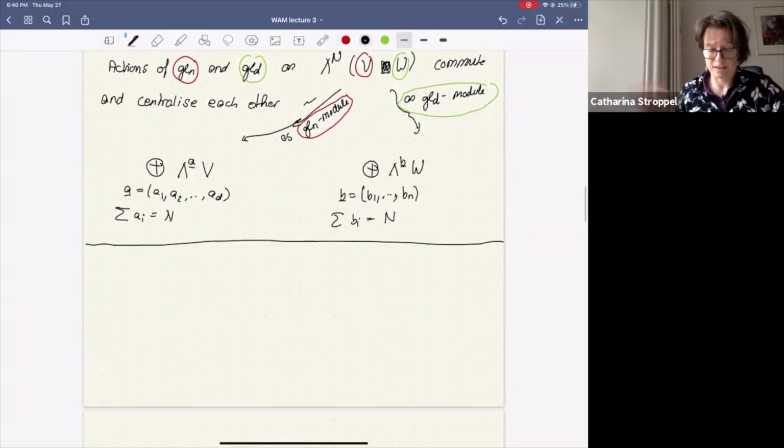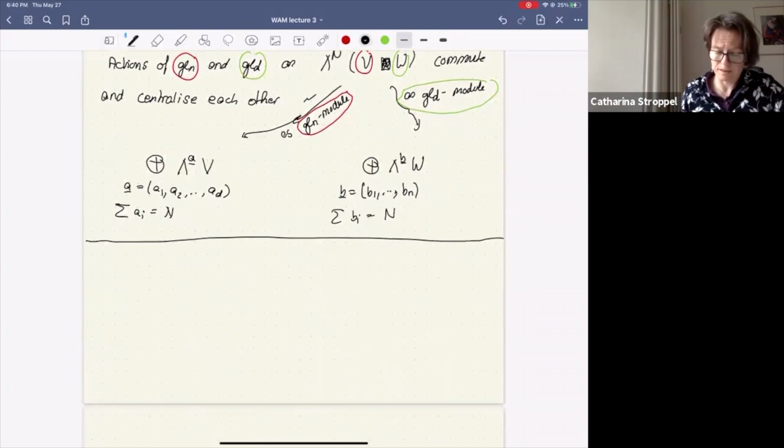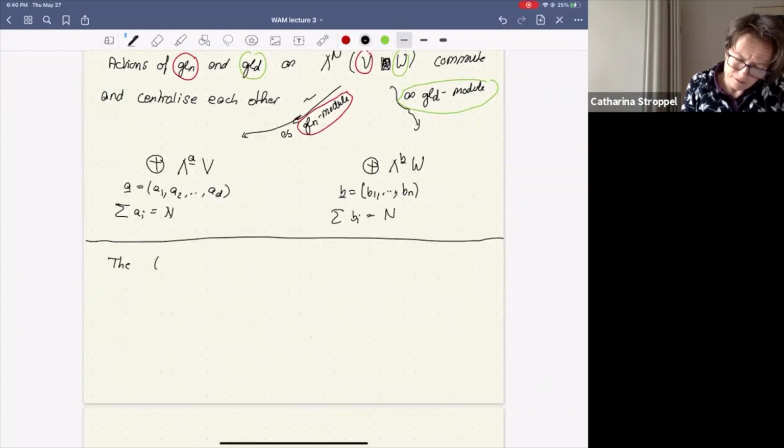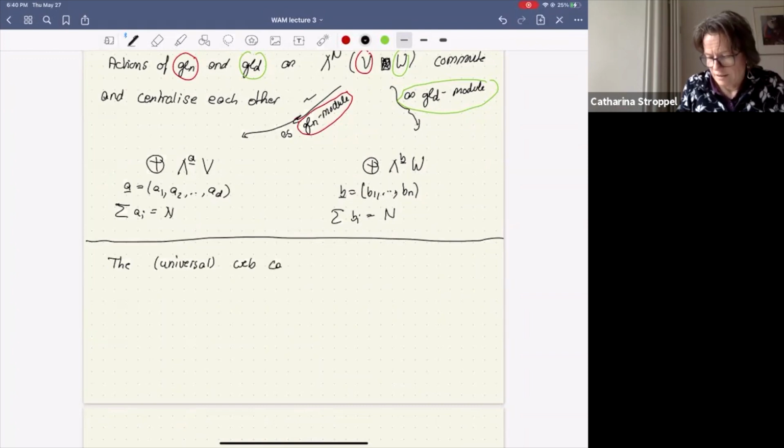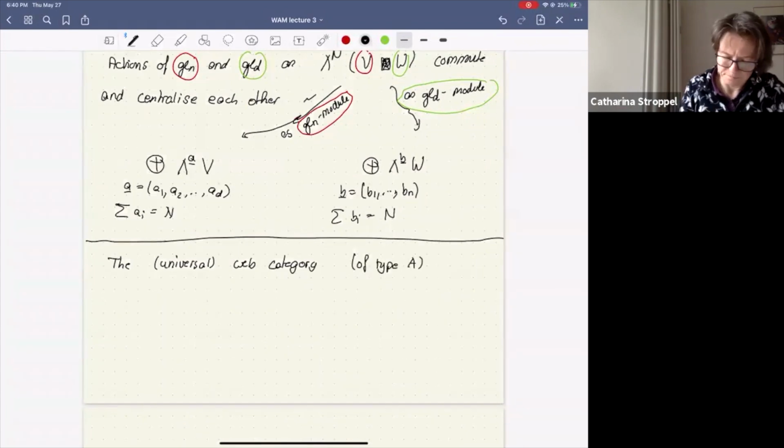But at the moment, let's just accept we want to understand the morphisms in an explicit combinatorial way. And what is behind this is the so-called, I sometimes call it universal, maybe this is not the best word, but I don't know, the universal web category. And I should maybe add, of type A.